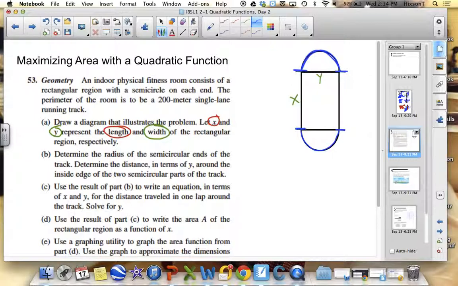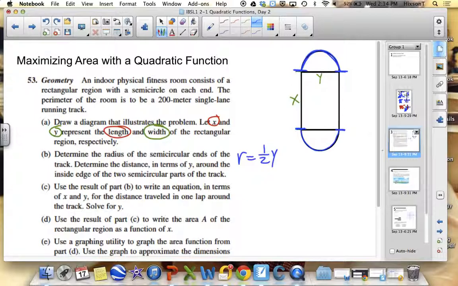Well, why are they saying in terms of y? Y is the diameter. How could I give the radius of the semicircle in terms of y? It's half of y. The radius is 1/2 of y. So then, what's this distance and this distance combined?